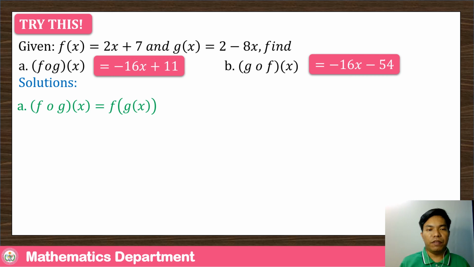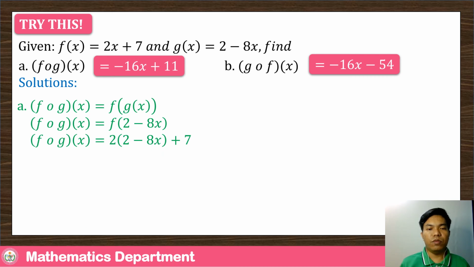So again, by definition of f composed of g of x, we have here f of 2 minus 8x, and then we make use of 2 minus 8x as our input for our function f. So we'll have 2 times 2 minus 8x plus 7. And then we distribute 2 inside the grouping symbols. So we'll have 2 times 2 is 4, and then 2 times negative 8x, that is negative 16x, plus 7.